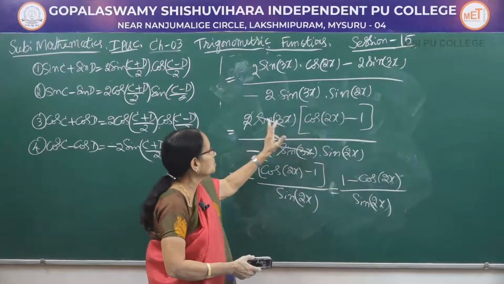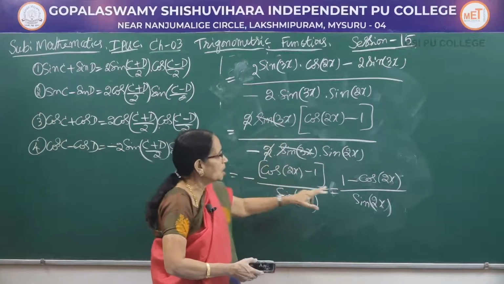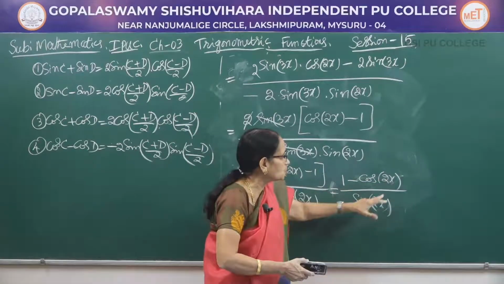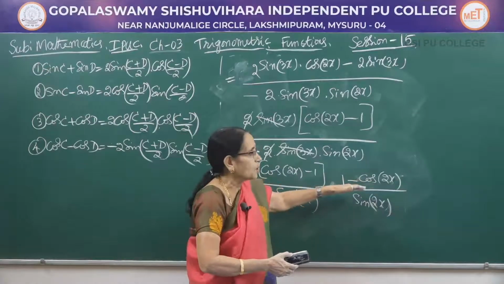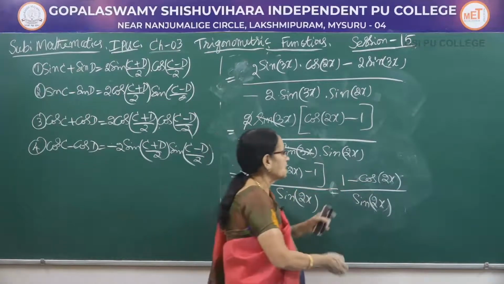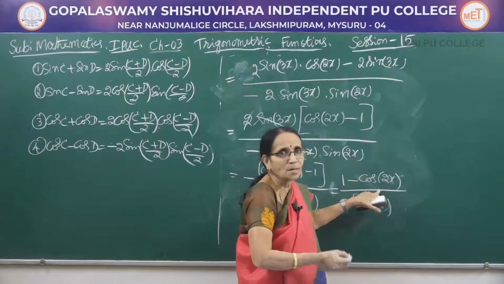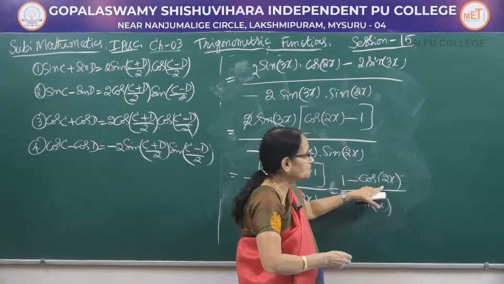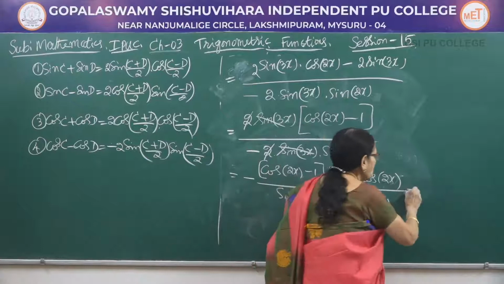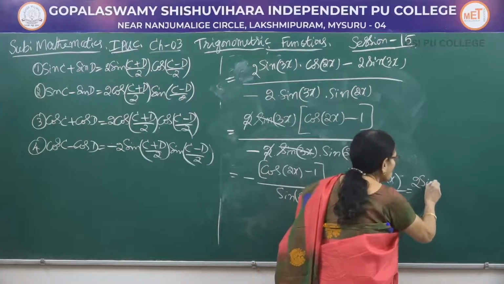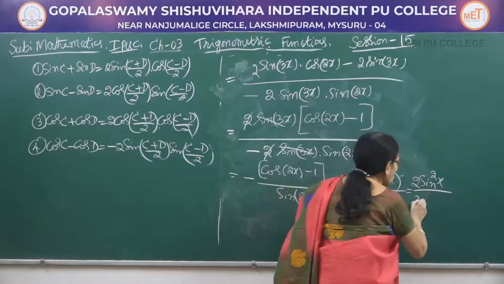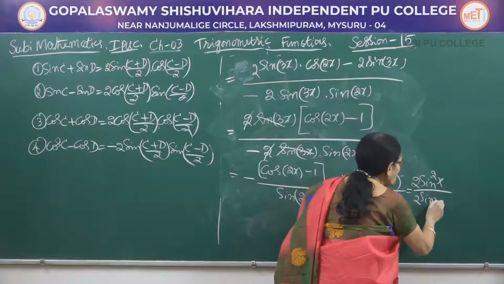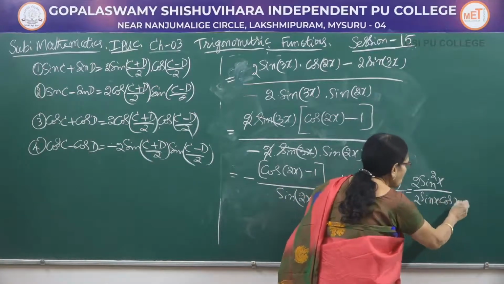We simplified, we took out a common factor. Now you see that we are having cos of 2x and sin of 2x. They are called the multiple angle formulas, which I am using. And I have given a formula in the earlier sessions: 1 minus cos of 2x can be expressed as 2 times sin square x. Similarly, sin of 2x has the formula 2 times sin x into cos x.